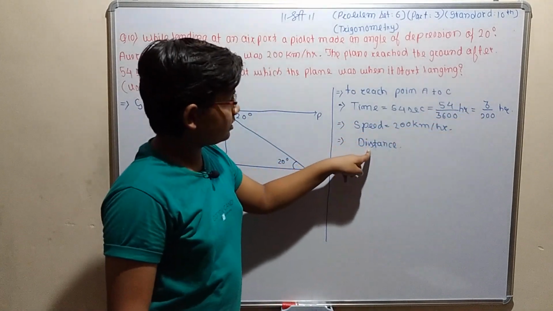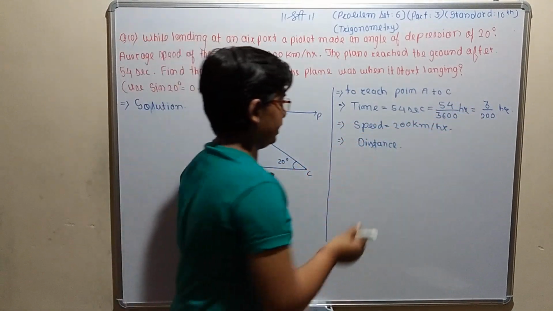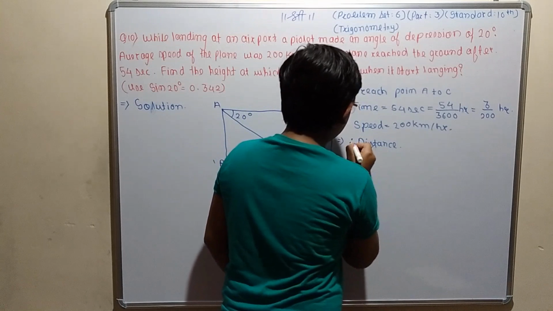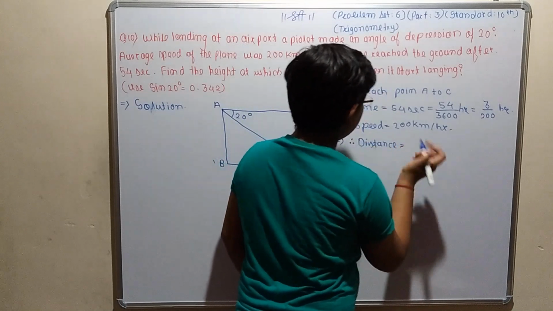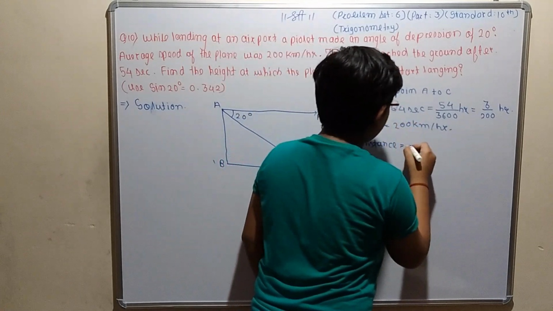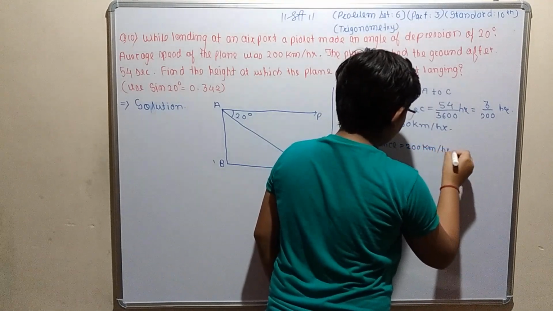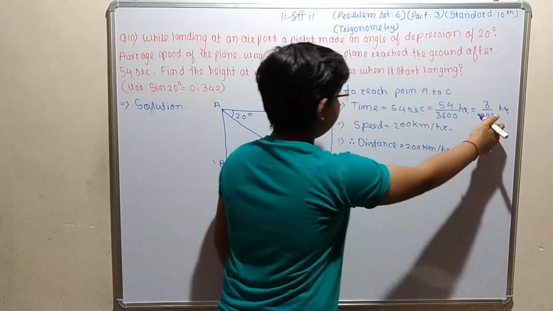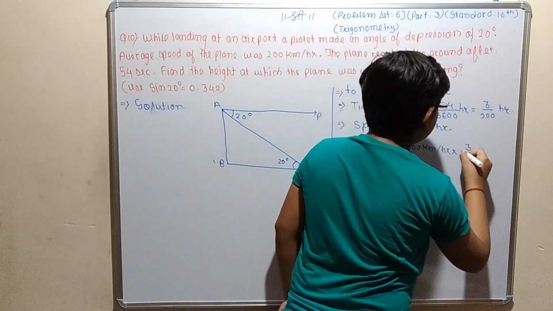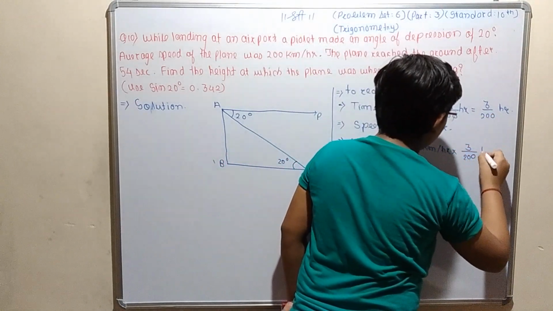Now what is distance? Distance is speed into time. So distance is equal to speed, that is 200 kilometers per hour, times the time, 3 upon 200 hour.